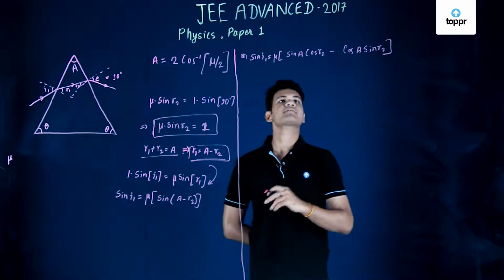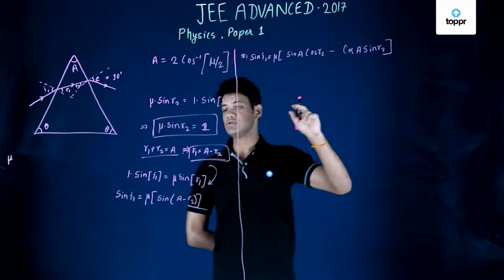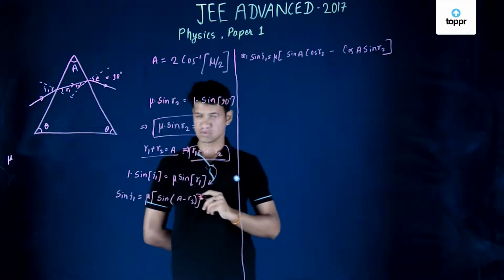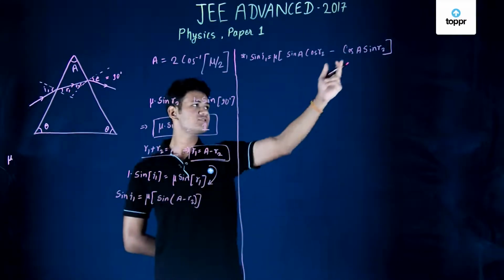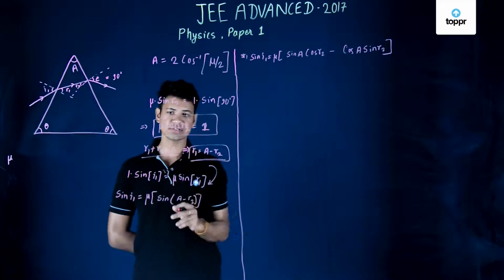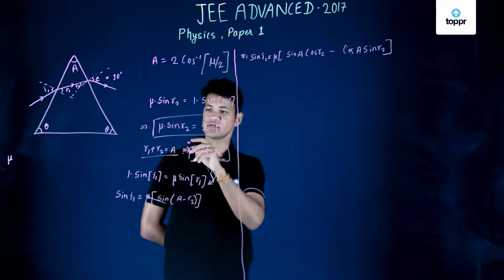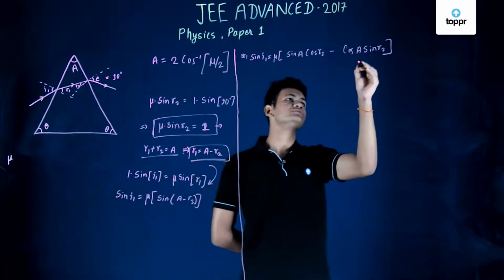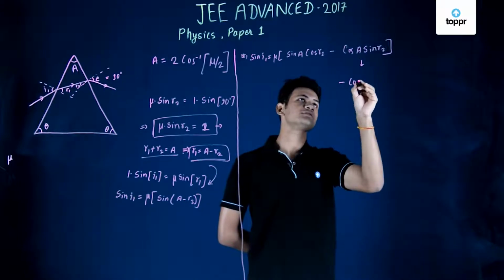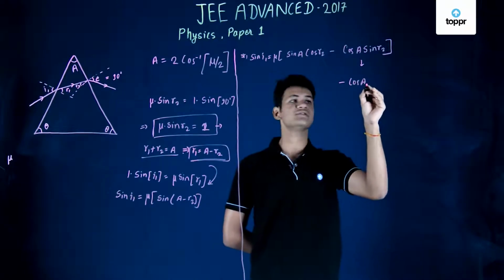Now substituting the values of R2 using this equation, we can substitute the value of sine R2 directly, because sine R2 is equal to 1 upon mu. So this is cos of A into sine of R2, which is 1 upon mu.